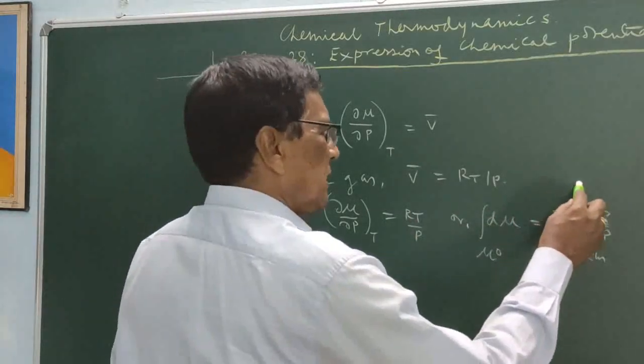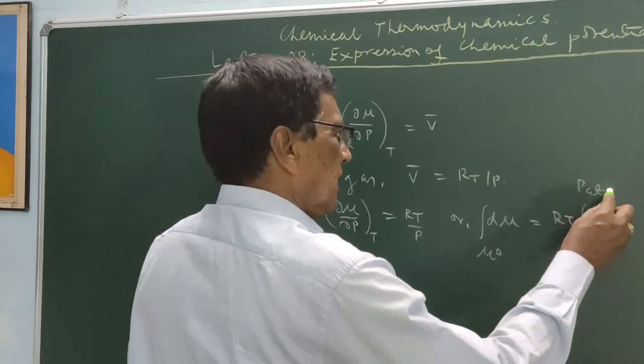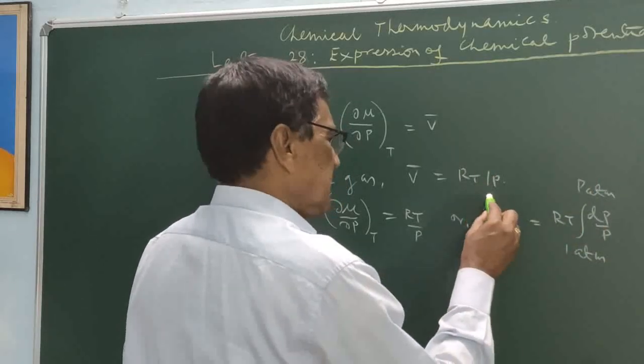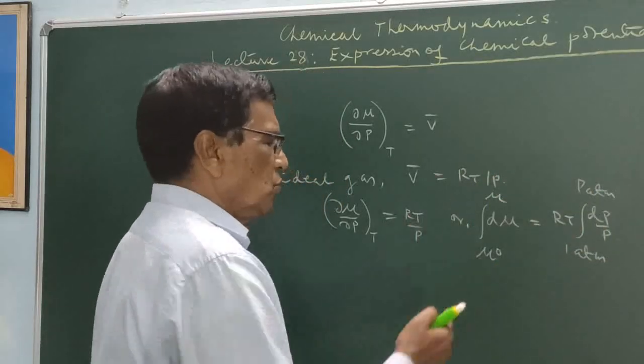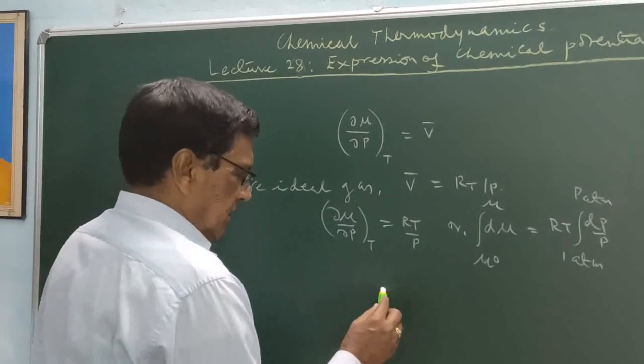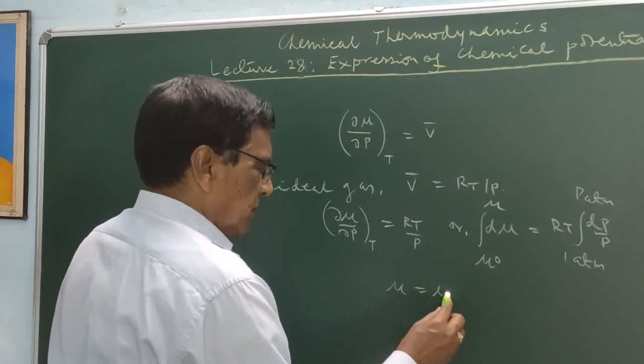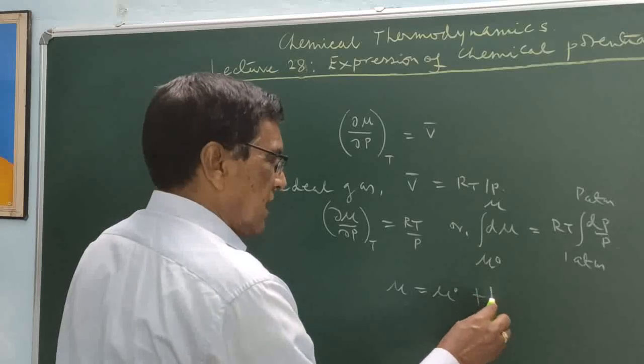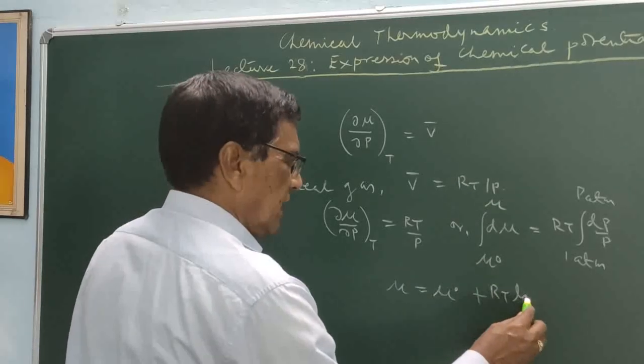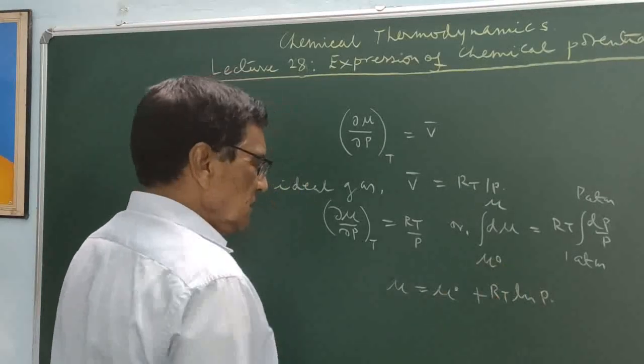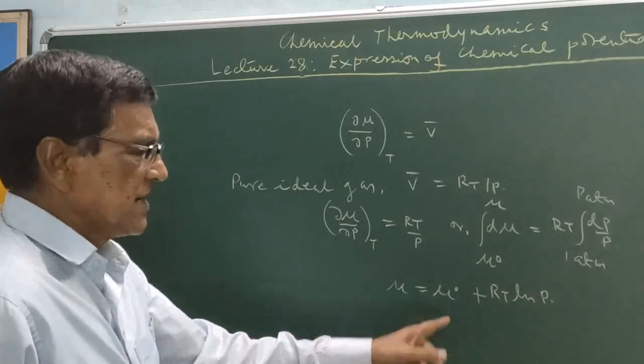And when the pressure is P, the upper limit, it is mu. If we do this integration, then mu equals mu naught plus RT ln P. And this mu naught is the standard chemical potential.